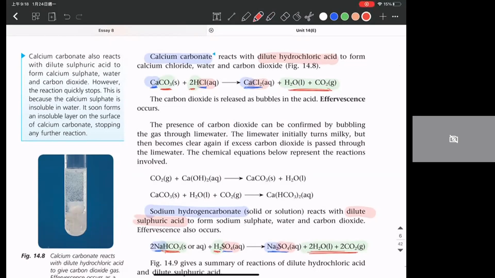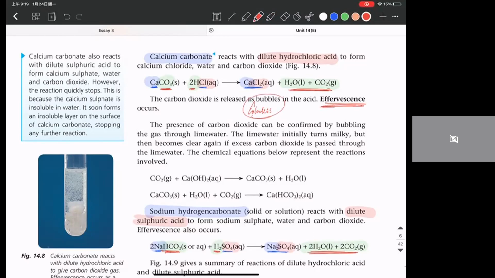Now we come to this diagram. In case carbon dioxide is released, it appears as colorless gas bubbles. We call it effervescence.